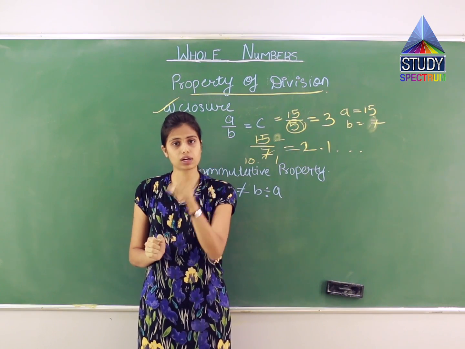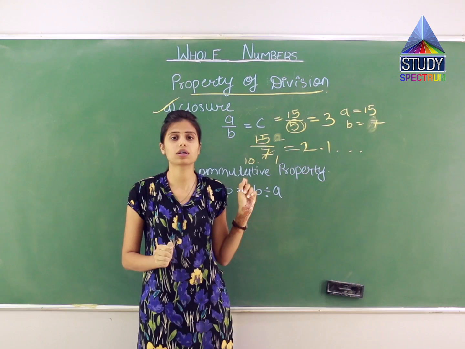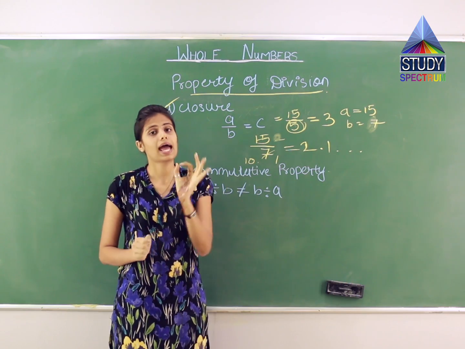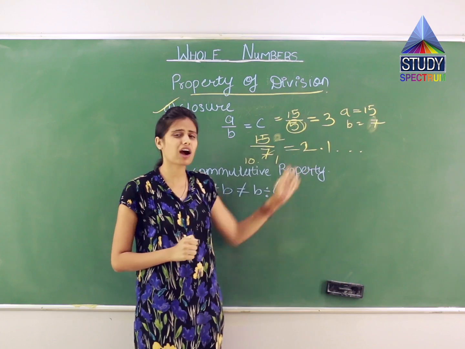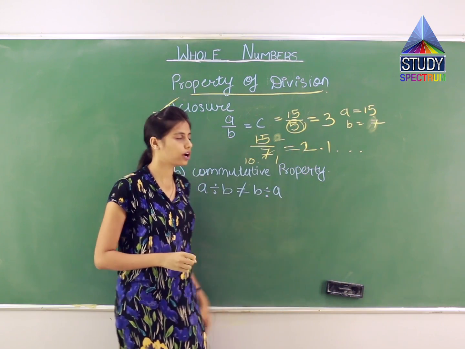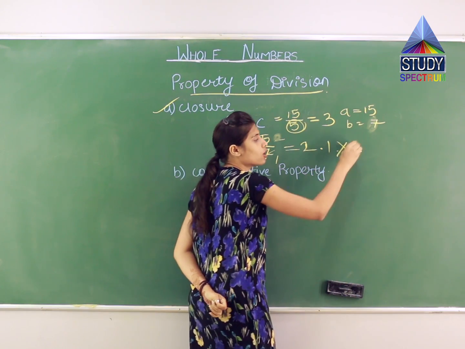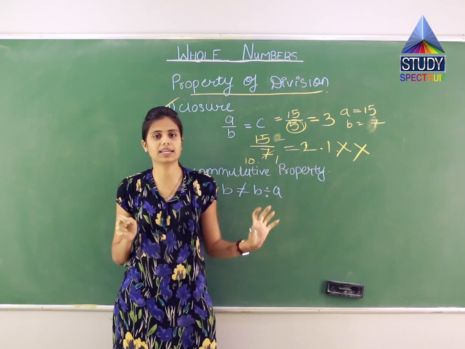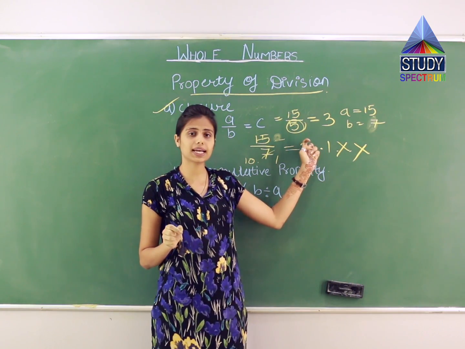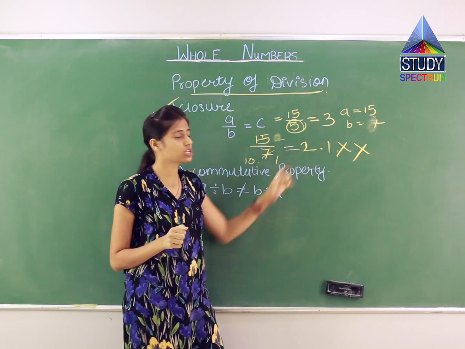The things we can count right away will be natural numbers, and natural numbers plus 0 will be whole numbers. You cannot count 2.1, right? So it is not a natural number and not a whole number either, because a whole number consists of 0 plus all the natural numbers. If it is not even a natural number, how will it be a whole number? So this is not a whole number.